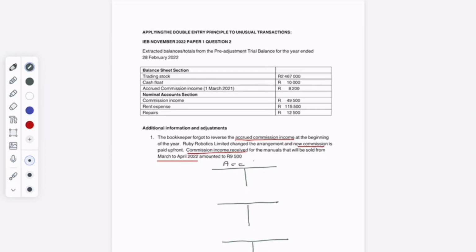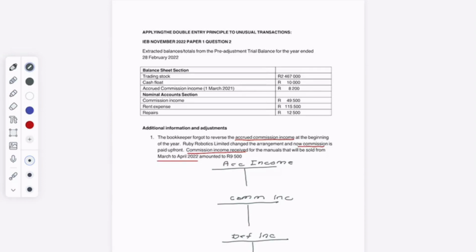So here we have accrued income. Then we're going to have commission income. And we've got deferred income. Now let's put our entries in.